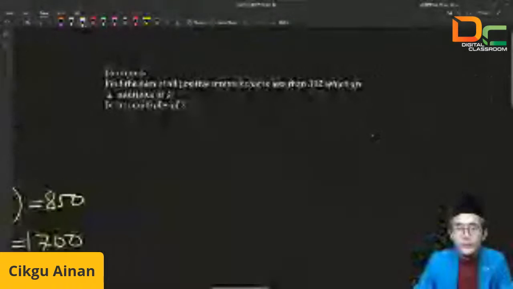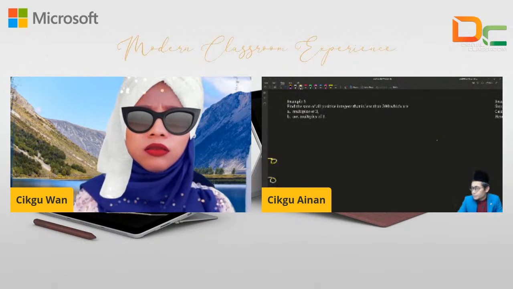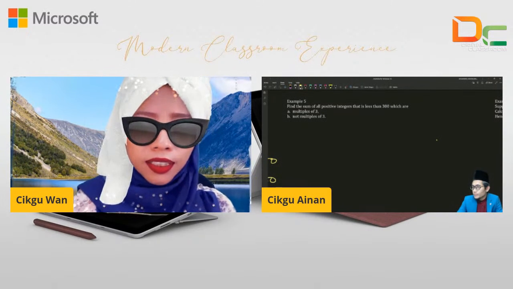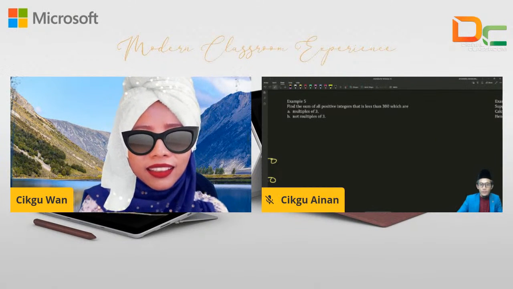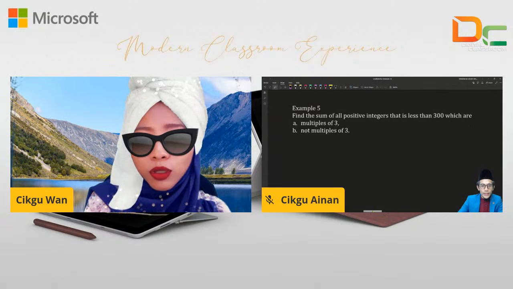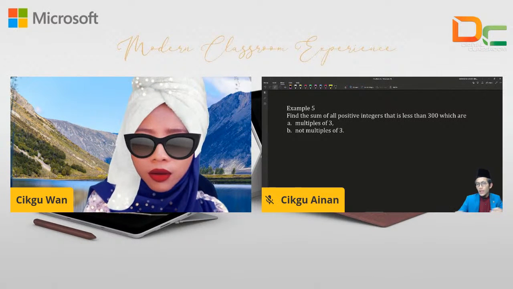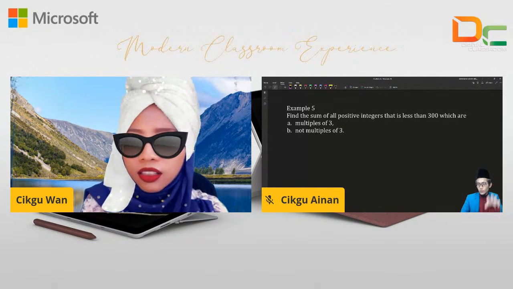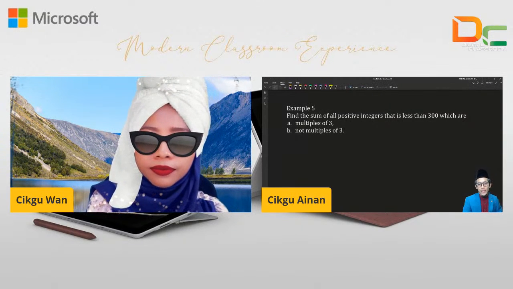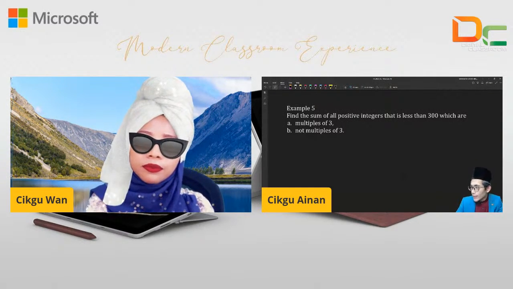Number 4 done. Not clear? Oh dear, many of you can't see clearly. It's okay, maybe it's Cikgu Ainan's internet, but the voice is clear. While writing, I also mention the numbers. Now it's getting clearer, it was on and off sometimes. Now it's better. Is it okay now? I zoomed in a little closer, because earlier I zoomed out to fit more working.